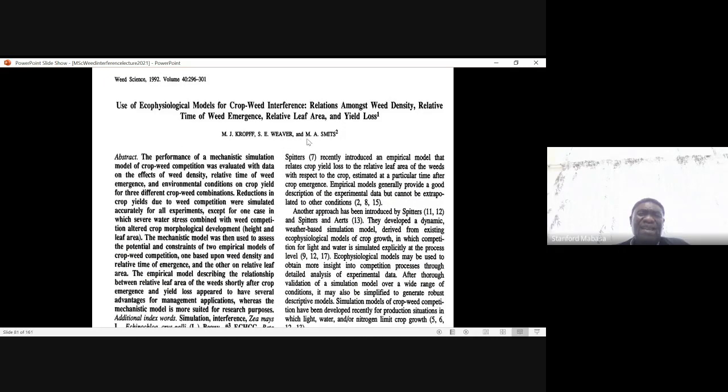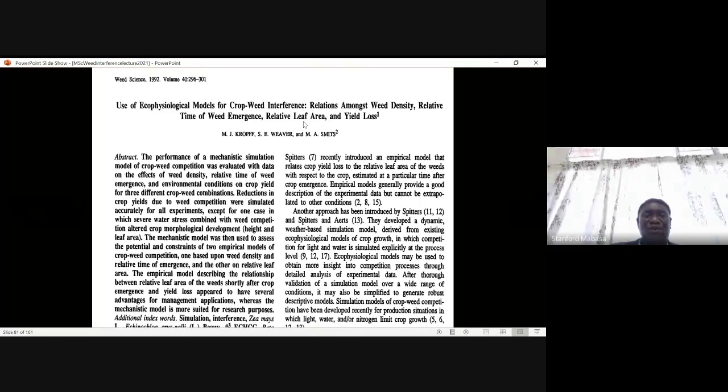This is also another paper which is using weed density, relative time of weed emergence, and relative leaf area. So it is using Cousens' equation, which is corrected, and comparing it with the leaf area approach, which was proposed by Kropff and Spitters.